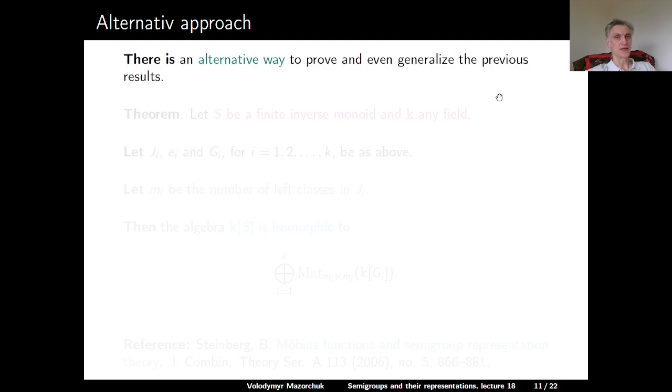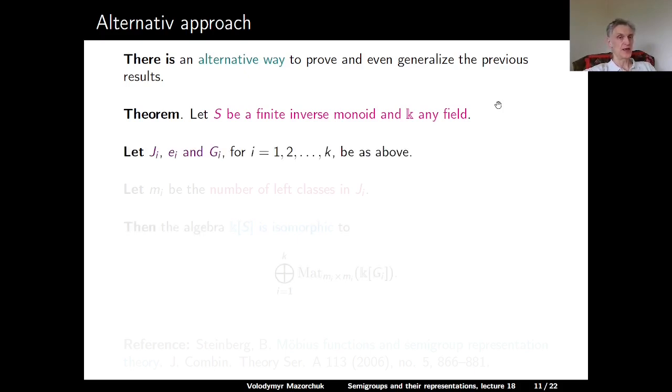There is also an alternative approach to prove this theorem and even a more general result. So, theorem: let S be a finite inverse monoid and K any field. Let J_i, E_i, and G_i for i between 1 and k be as described in the setup above, and let m_i be the number of left classes inside the two-sided class J_i.